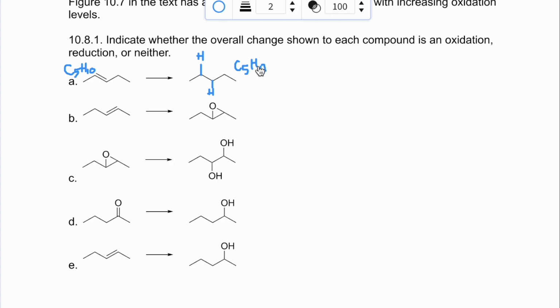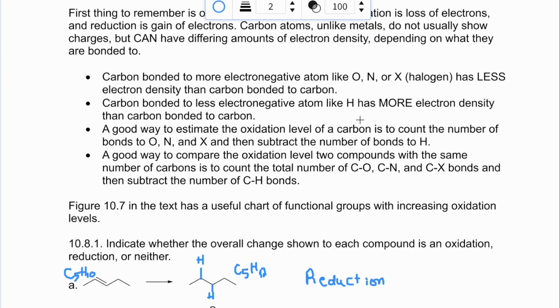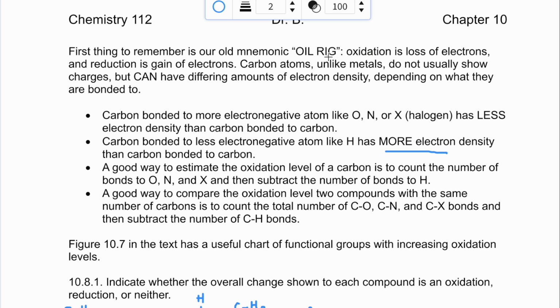But more hydrogens are in the product, and so these carbon-hydrogen bonds are increasing the electron density of the carbon, and so that is a reduction. So we have more electron density around the product than we did for the starting material. So more electron density, that is a gain of electrons, so that is reduction.